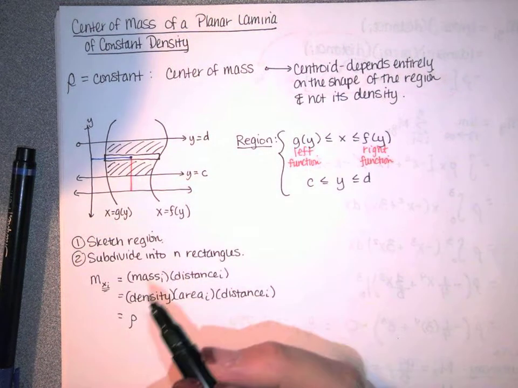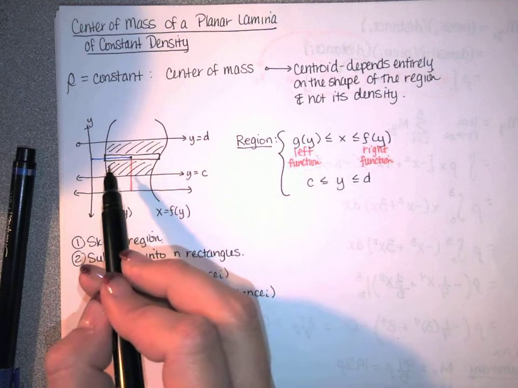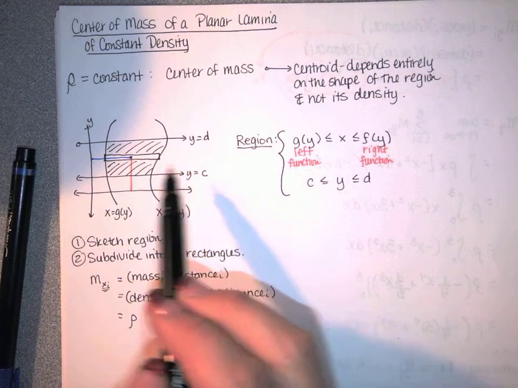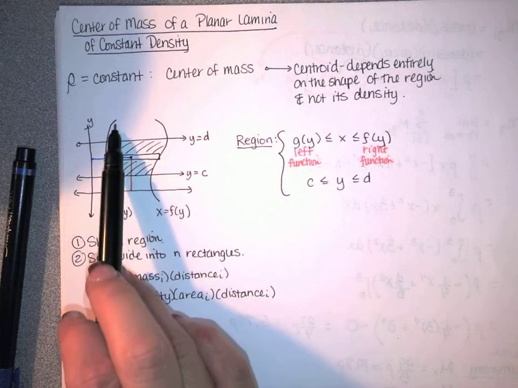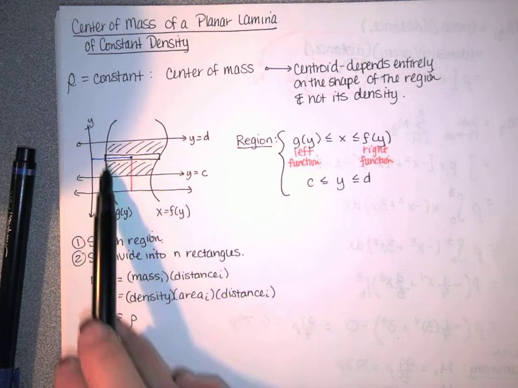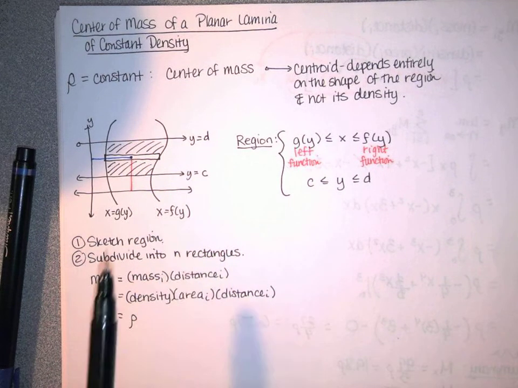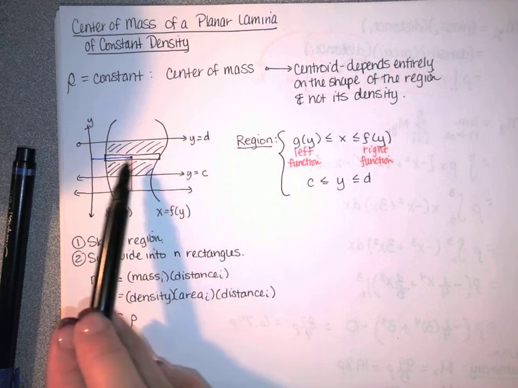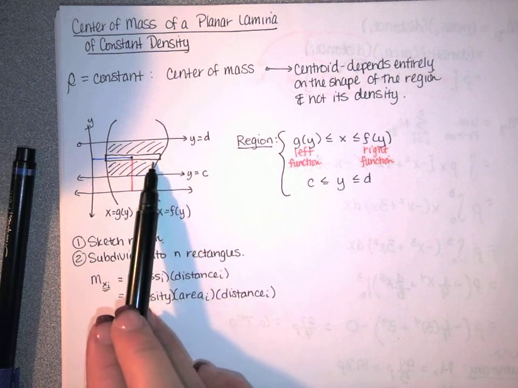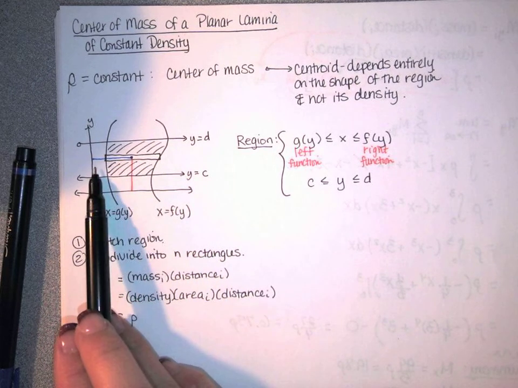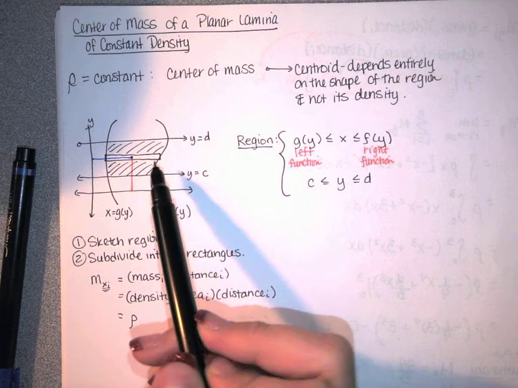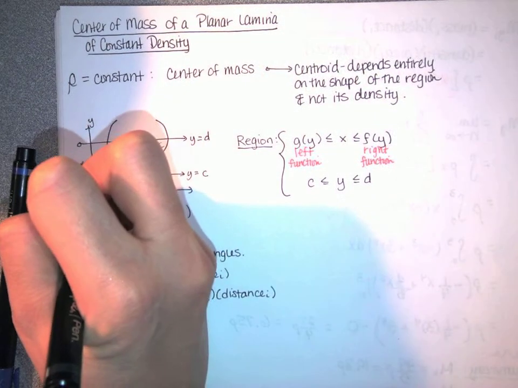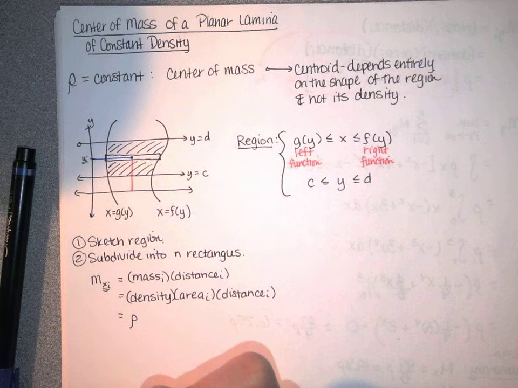The area is found a little differently this time. Because we were in between two horizontal lines, y equals c and y equals d, and we were between two functions of x on the left and x on the right, it made more sense to draw our rectangles this way. Because when I draw my rectangles this way, I've always got the same right function and the same left function. So the area of this rectangle is just, let's say we're going to pick out a particular y value on that interval, y sub i.